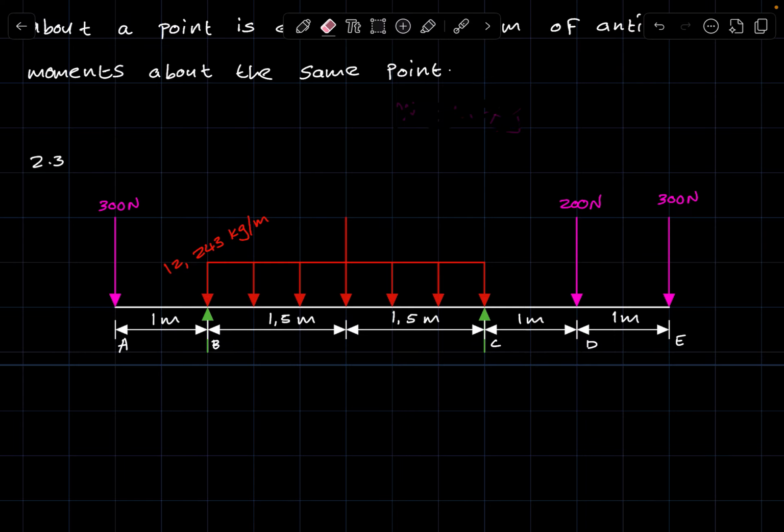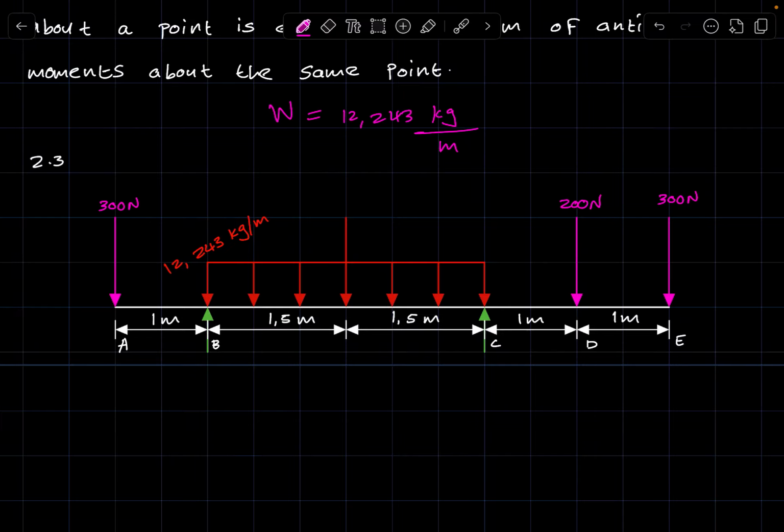we want to convert this into its weight component. We look at how it is expressed. It is in kilograms per meter. So meaning that its weight component will be 12,243. Remember, this is in kilograms per meter.